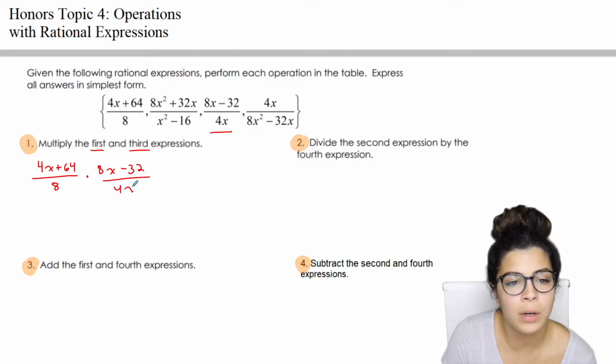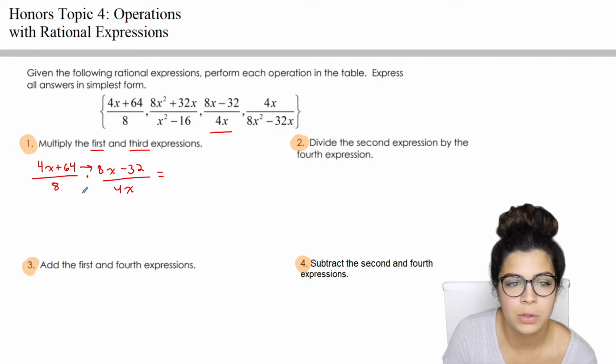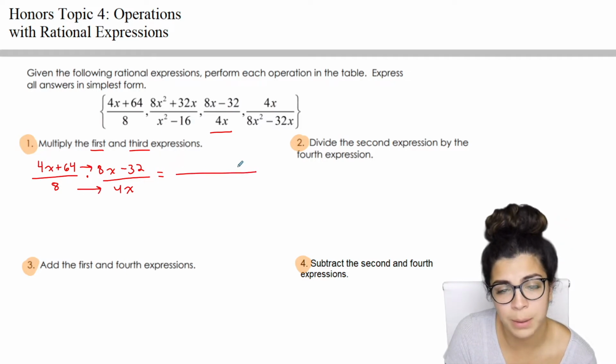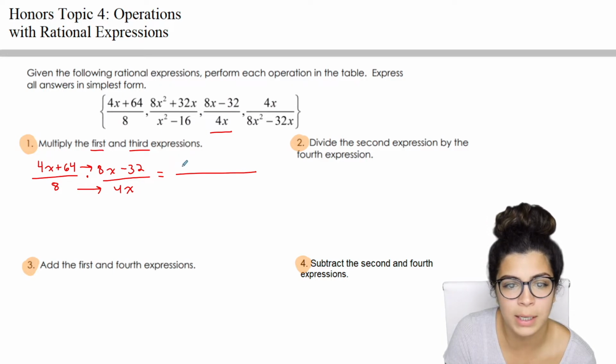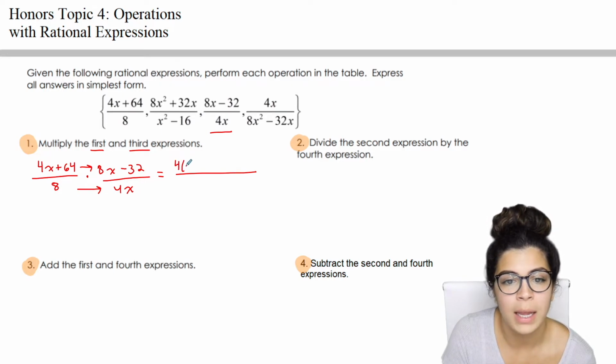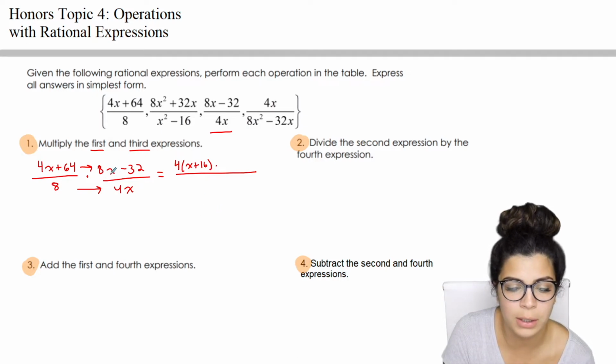So in order to multiply these, I can just multiply top times top over bottom times bottom. So essentially I have 4x plus 64, which would factor into 4 times x plus 16, and that's multiplying with 8x minus 32, which would factor into 8 times x minus 4.